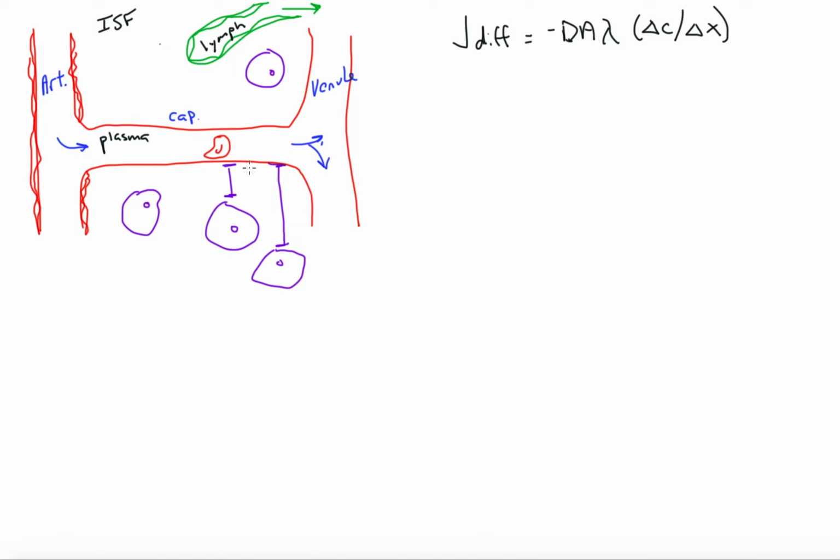And so the diffusion rate to this first cell, cell A, would be faster than the diffusion rate to this second cell over here, because the distance is greater to cell B than cell A. And if the distance is greater, then the diffusion is slower. Inversely proportional.